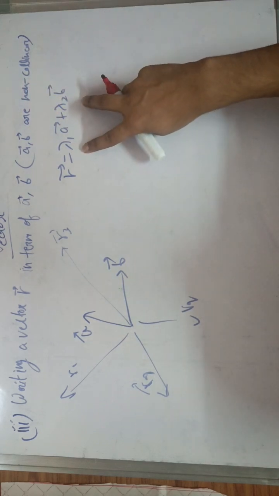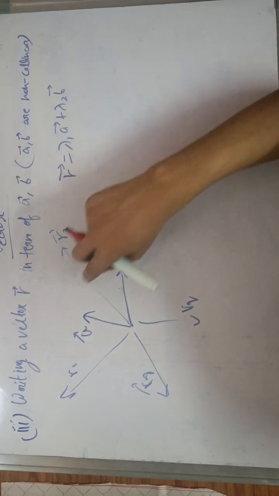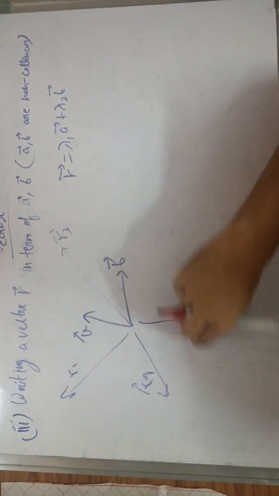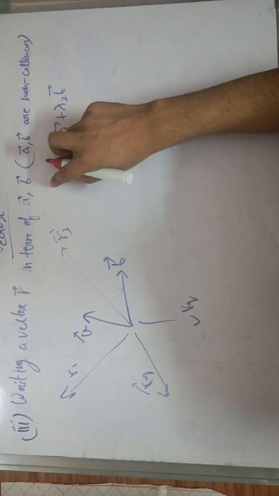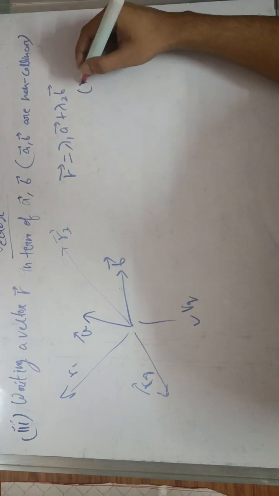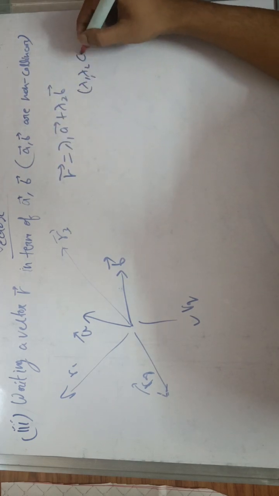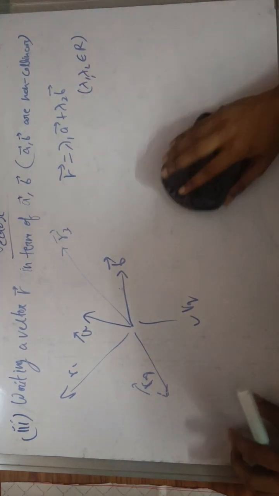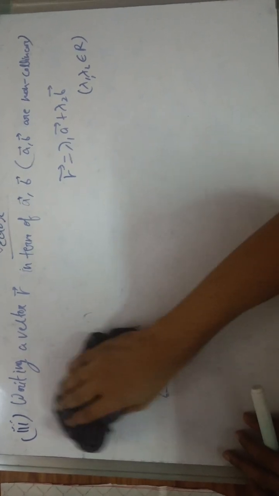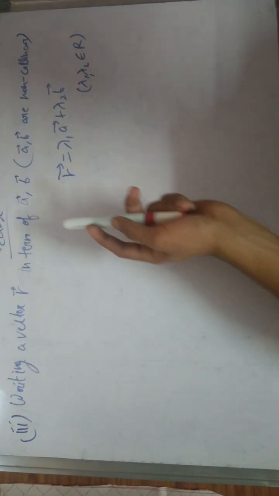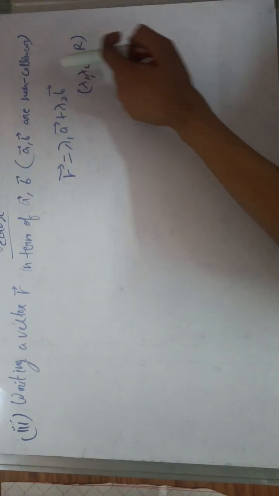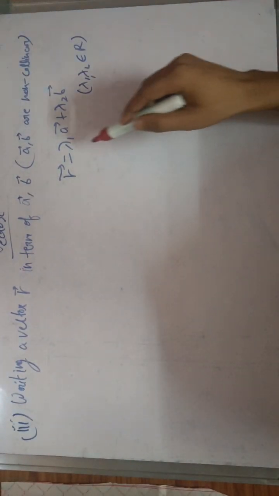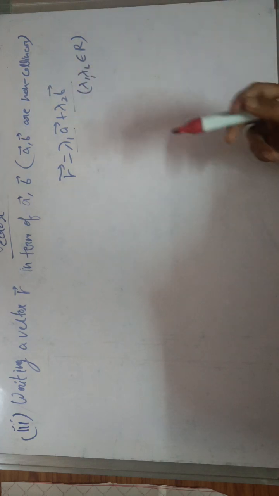By changing the values of these two constants lambda 1 and lambda 2, I can get different vectors in the space. I can obtain all the vectors where lambda 1 and lambda 2 belong to real numbers. These are constant values. So this is just a statement that you can write any vector as the sum of two other non-collinear vectors. So this is A vector and this is B vector. Taking the sum of these two vectors will give this resultant vector R.